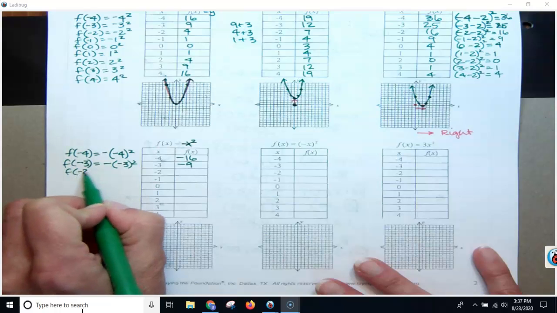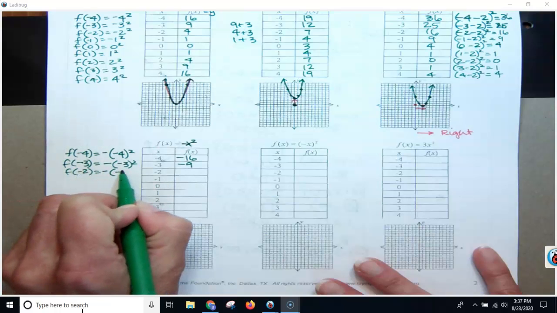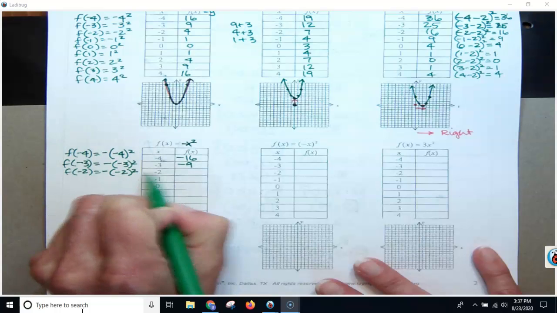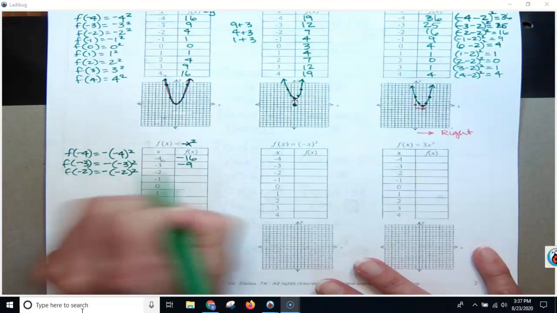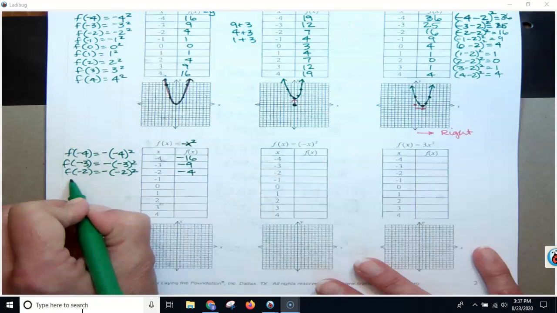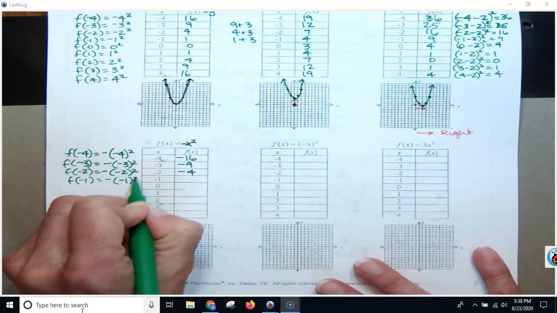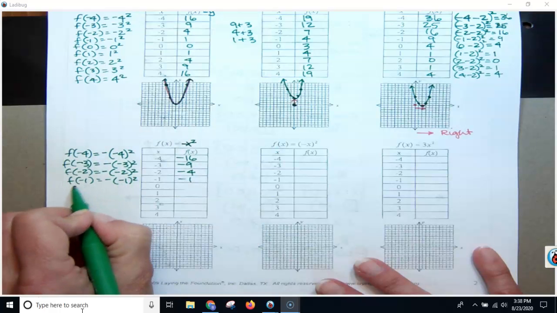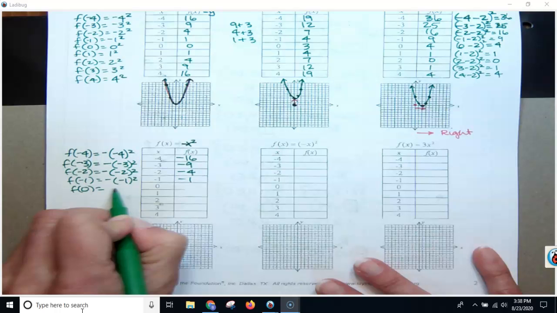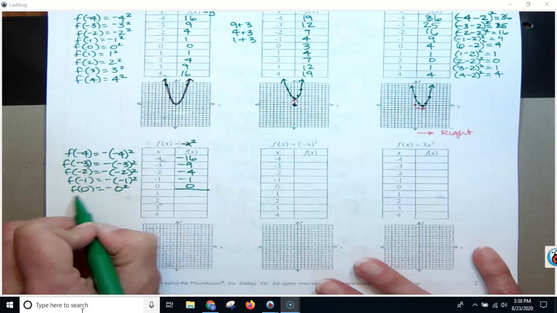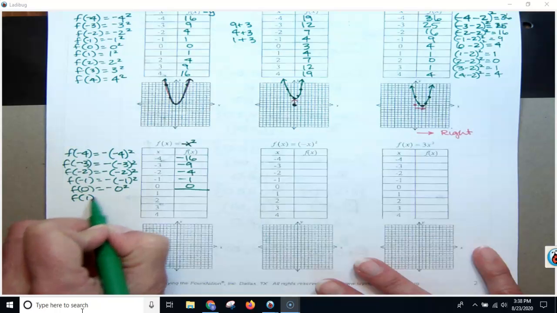F of negative 2 is going to be negative of negative 2 squared, which is positive 4, negative out here, negative 4. F of negative 1 is going to be negative 1. F of 0 is going to be 0.